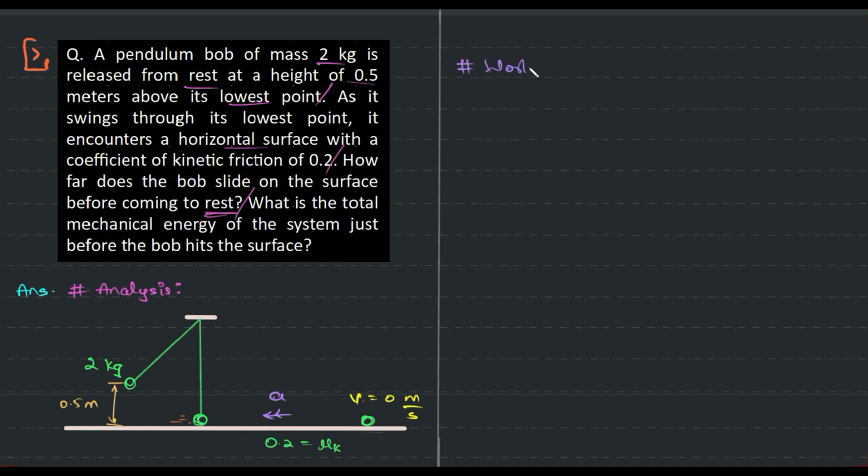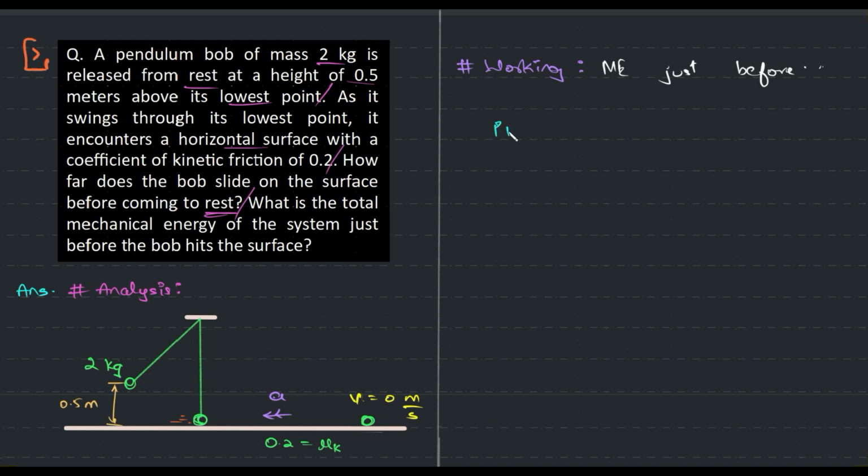So the working. First I'll figure out the potential energy. So we are looking at the mechanical energy just before the bob hits the surface.